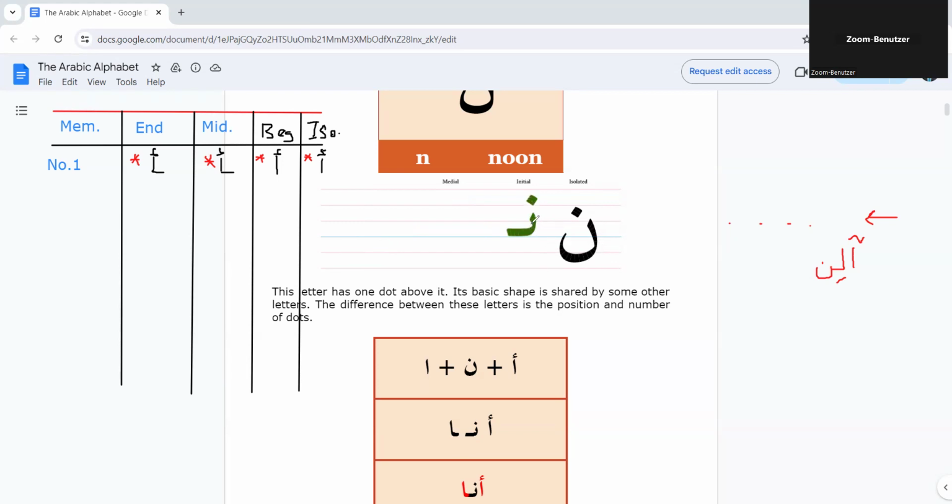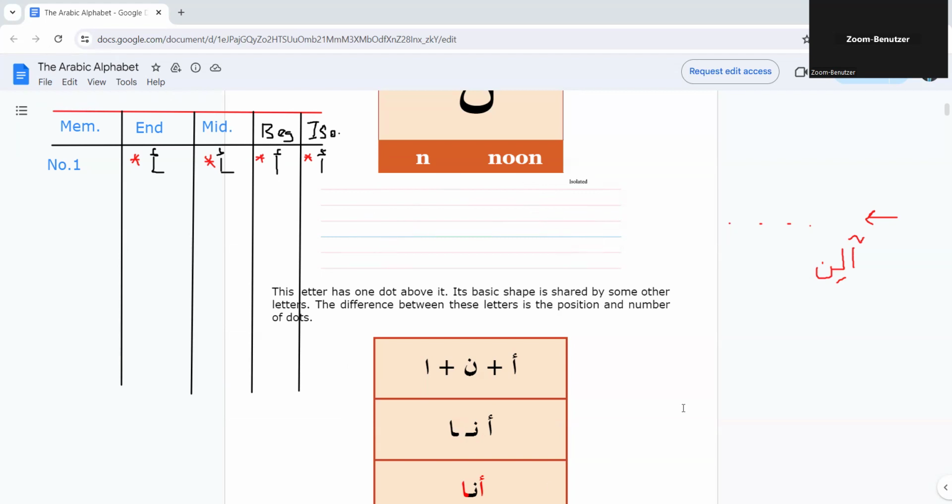In the initial position, we draw a boat on the line and the dot is above it. In the medial position, we draw the connector. At the end, we also draw the connector, and we draw the isolated form at the end. And as we said, the memory aid is the navel on the belly.